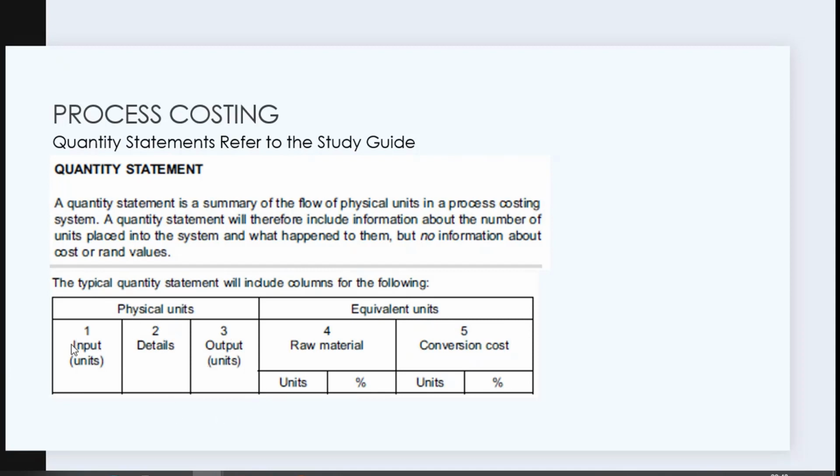This is just to monitor the flow of what you put in and what you put out. Then the equivalent units part comes into play, whereby you show it according to the raw material and the conversion cost. And remember, conversion is your labor and your overheads. You show it according to the number of units and its percentage attached to it.